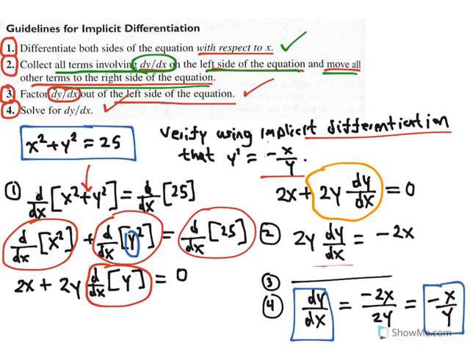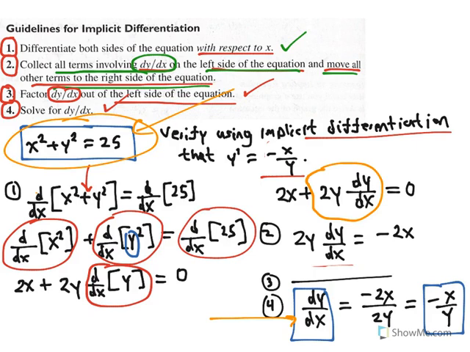But again, as I said, in this problem, you could have done it differently. In other problems, you would have to do it this way. And what information does this tell us? Slopes of tangent lines to the graph of x squared plus y squared is equal to 25 at various points on the circle given by this equation.